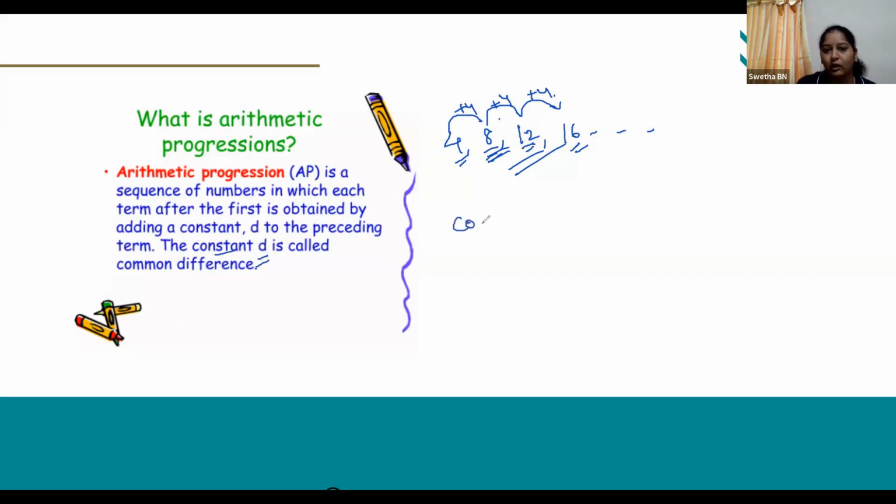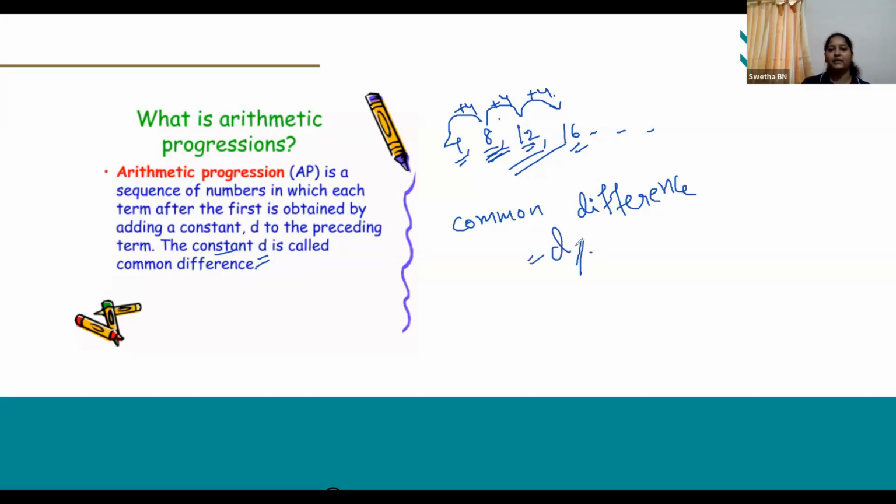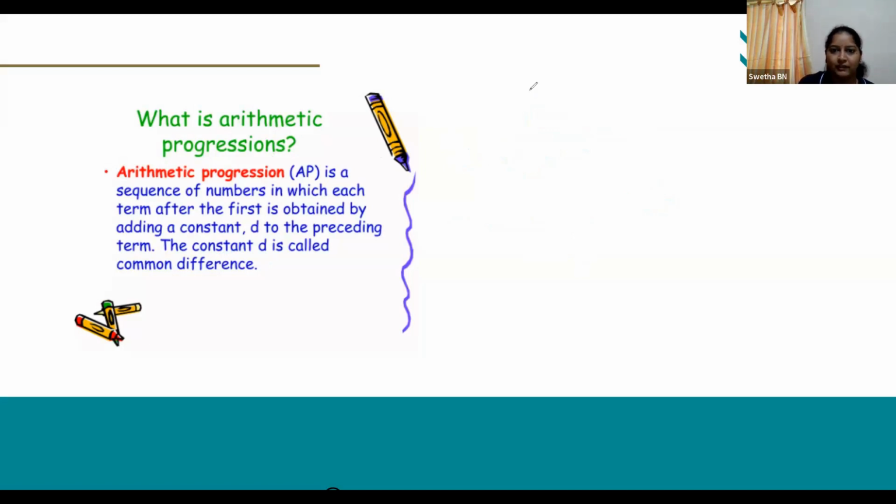It is called the common difference. Are you understanding, Panchami? Yes, ma'am. Here d is called the common difference. A sequence of numbers having a fixed common difference is known as an arithmetic progression.